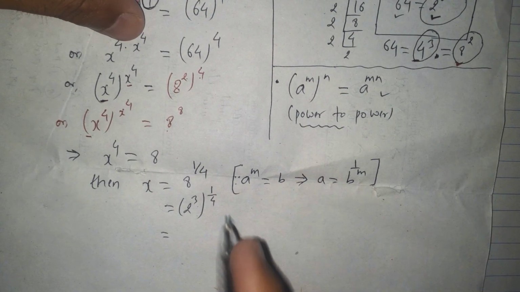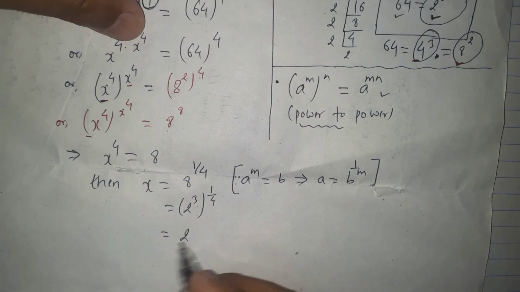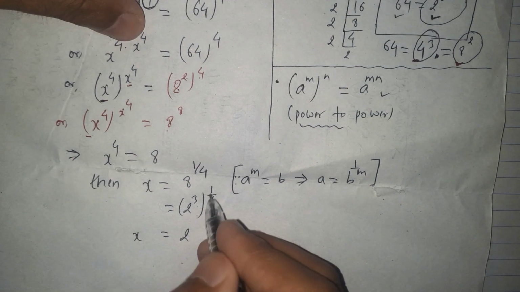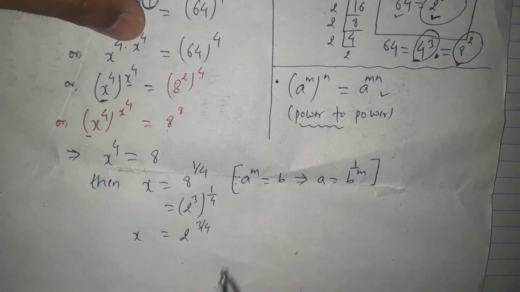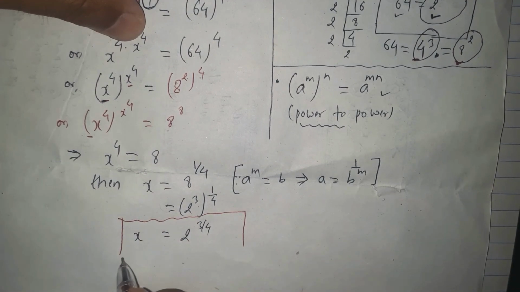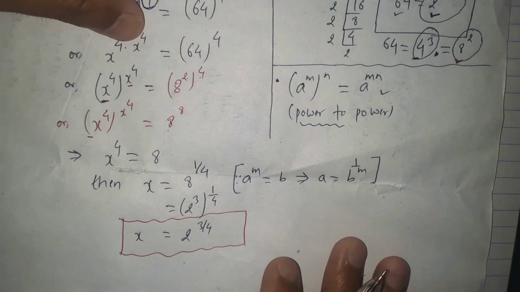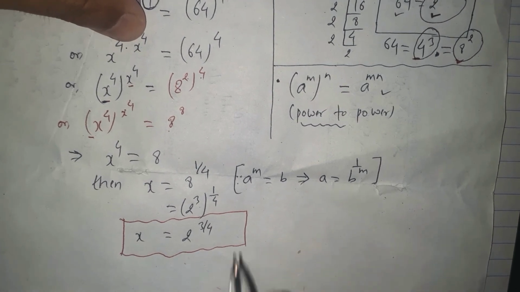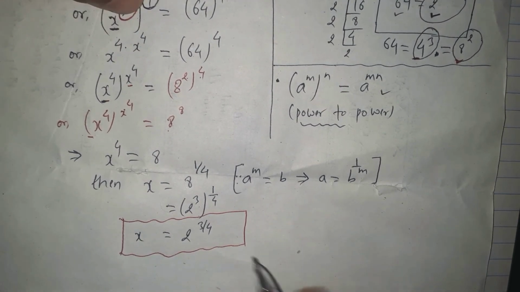Therefore we finally obtain the value of x as 2 raised to the power 3 over 4. This is the final solution for these equations.